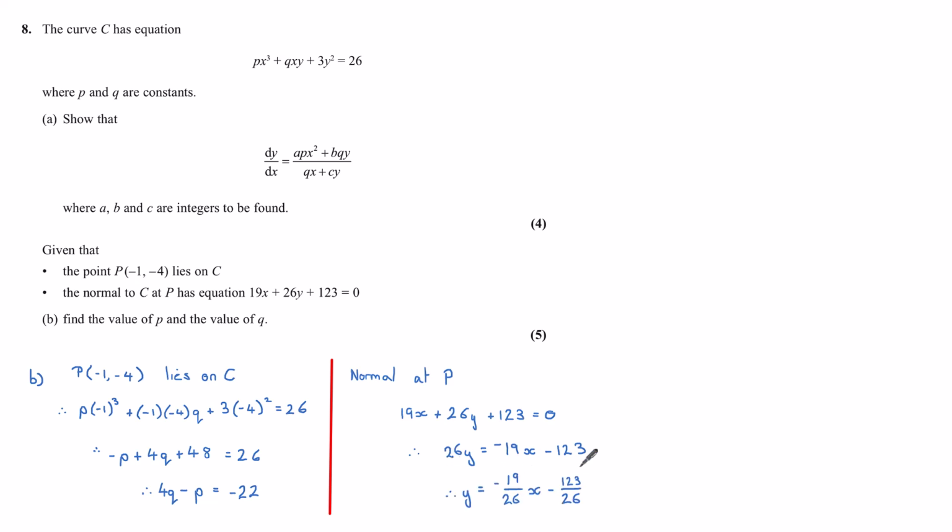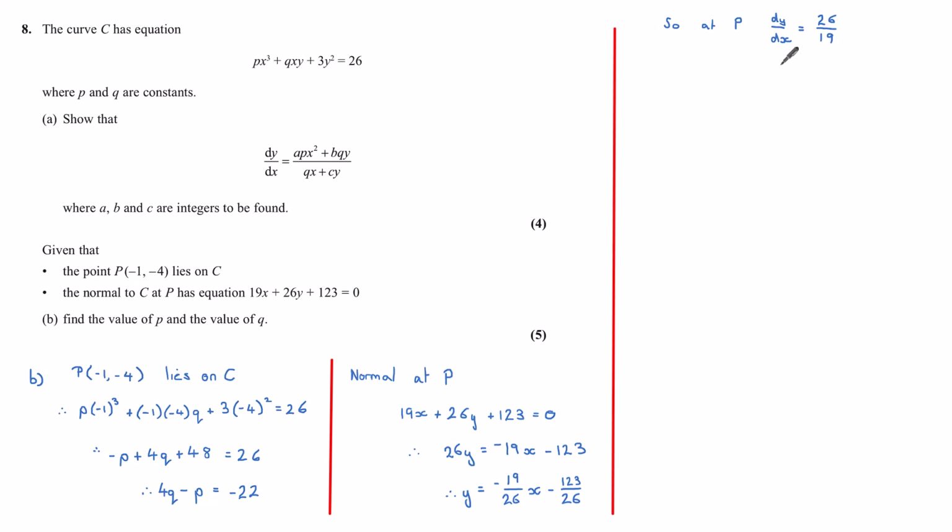Dividing through by 26 gives y in the form mx plus c, and the bit I'm interested in is the gradient. The gradient of this normal is negative 19 over 26, which means the gradient of the tangent at P is the negative reciprocal of this, so at P my gradient is 26 over 19.